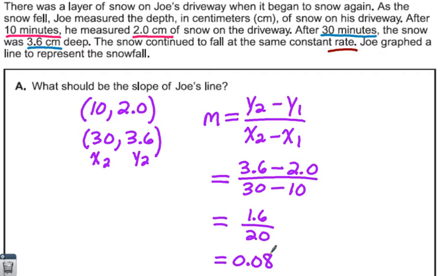Yep. And so I don't know. This question doesn't really get specific enough in a lot of different spots, and this is one of them. It's like, is 0.08 a good enough answer?